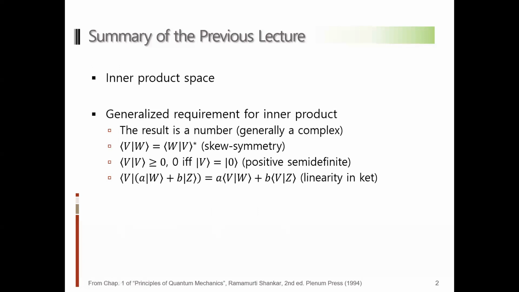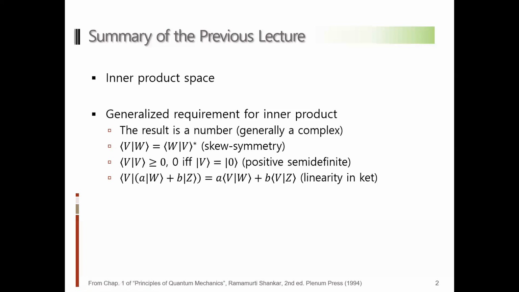Once the field is extended to the complex situation, we have to be careful about the complex conjugation, and it is called skew symmetry. All the others are quite straightforward.